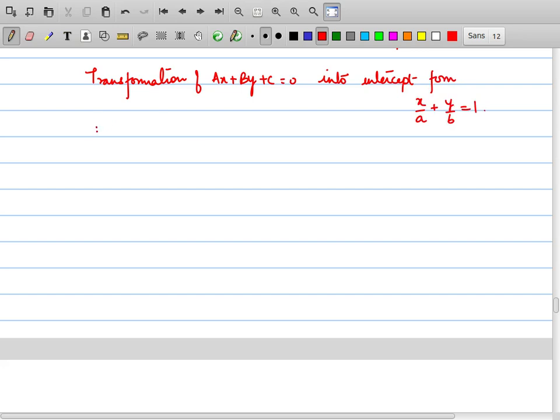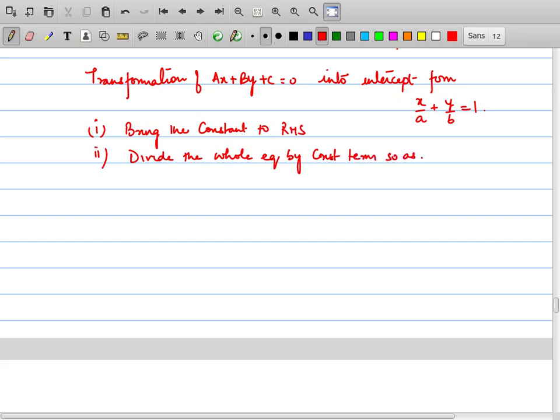What you have to do is, step 1, bring the constant term to the right hand side. Step 2, divide the whole equation by the constant term so as to get 1 on the right hand side.